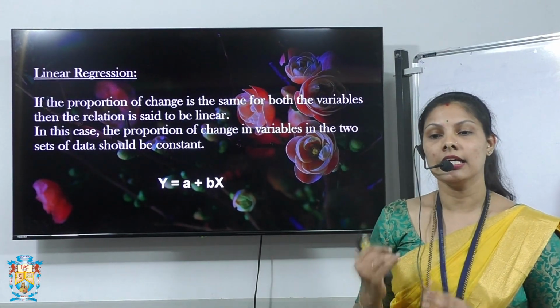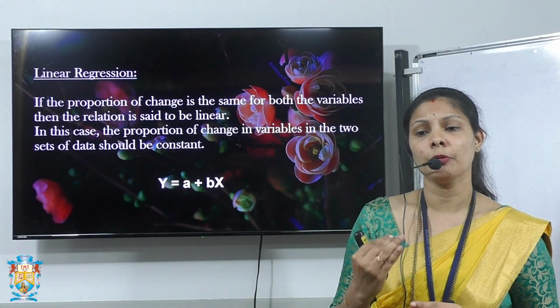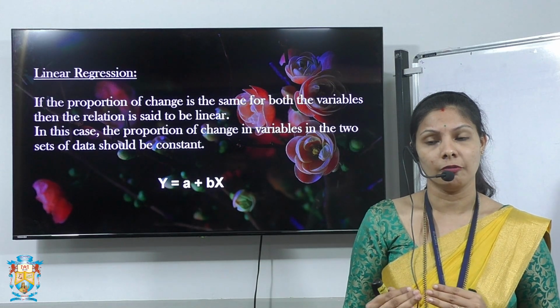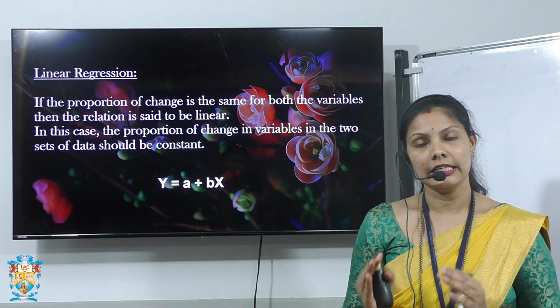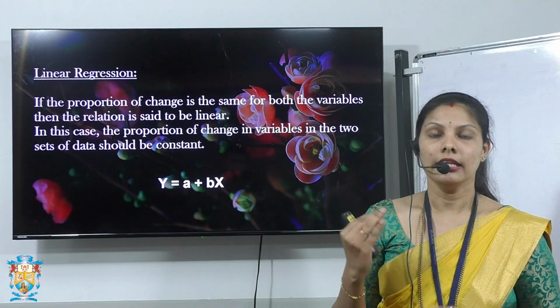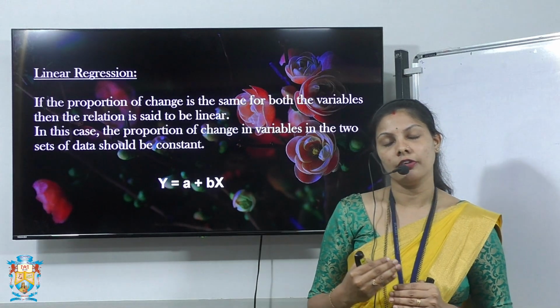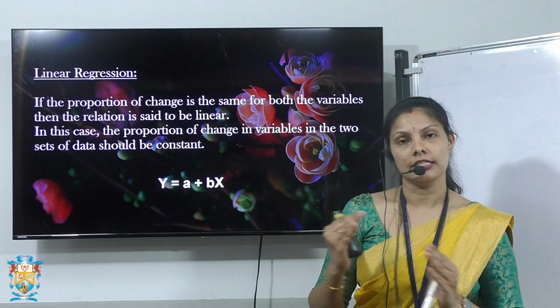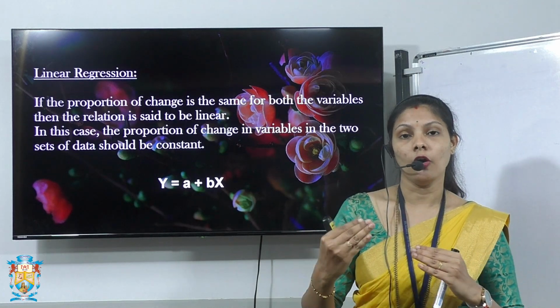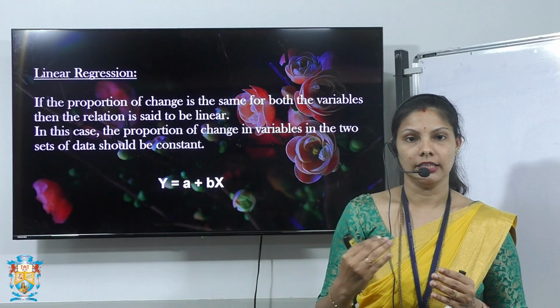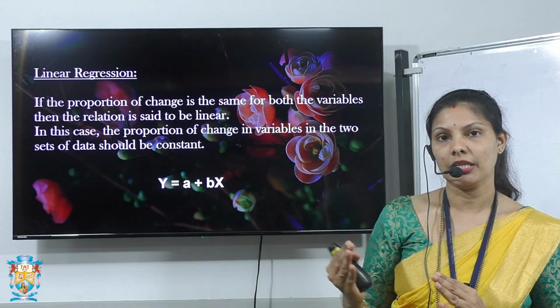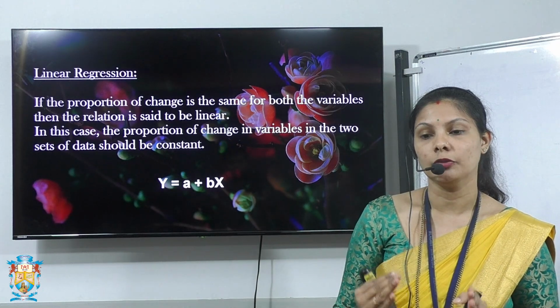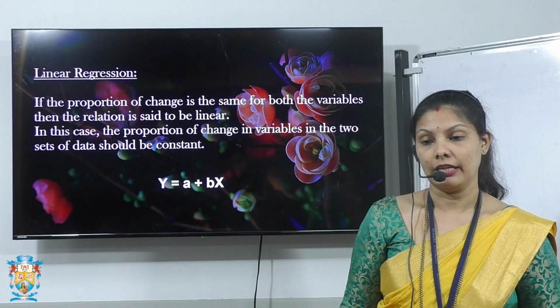Next is linear regression. If the proportion of change is the same for both the variables, the relationship is said to be linear. In the case of linear, you will get a straight line when you draw the two variables together, that is, y equals a plus bx or x equals a plus by.